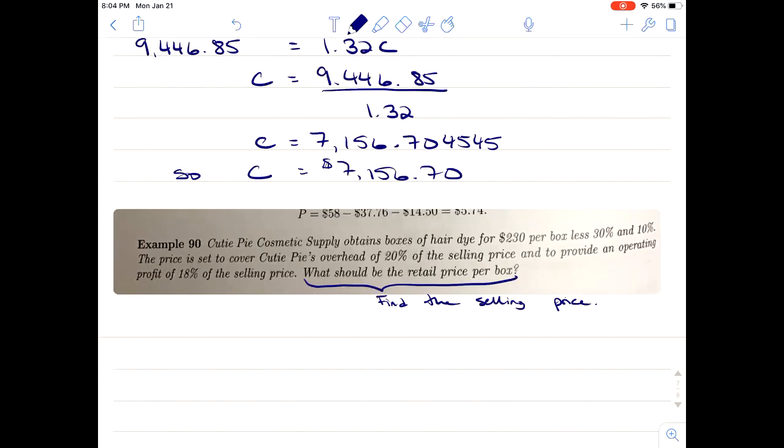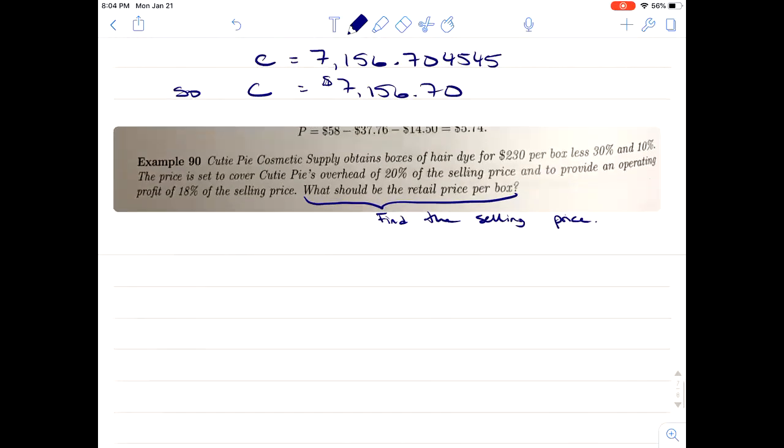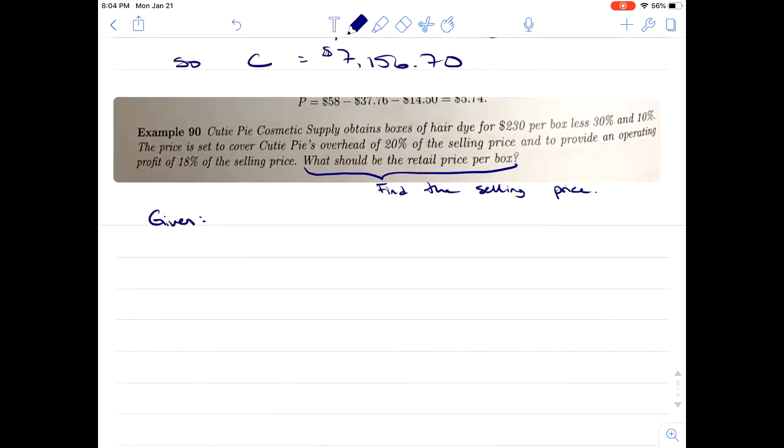Let's just make a list of all the things that we know, and we'll see that there's kind of a disconnect. There's no clear formula that we have to use, and that's because we have to use two formulas. What we're given is that Cutie Pie gets these boxes for $230 per box, less 30% and 10%.